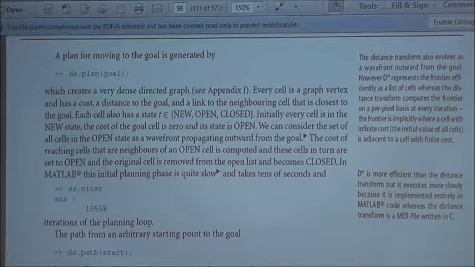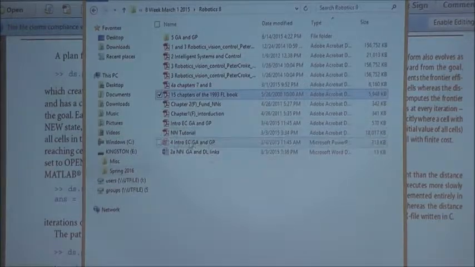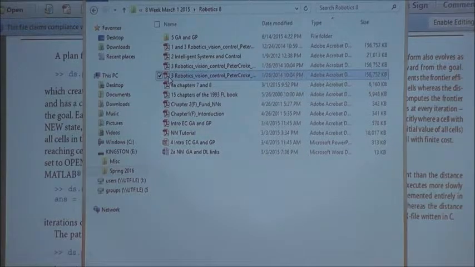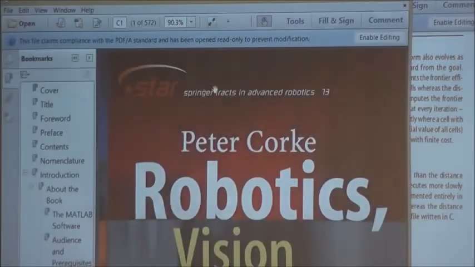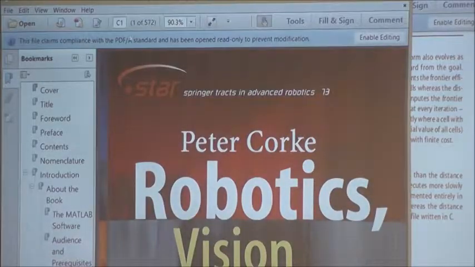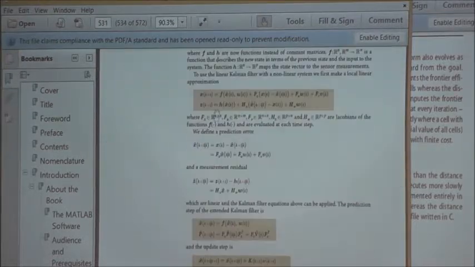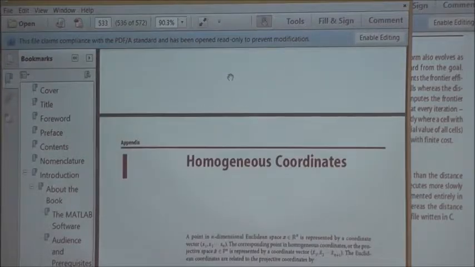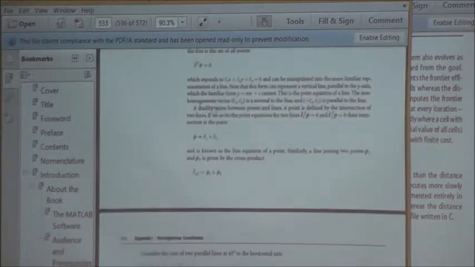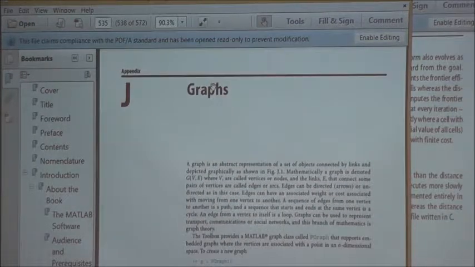Okay, so if I take you to this is H and this is I and this is J, graphs.